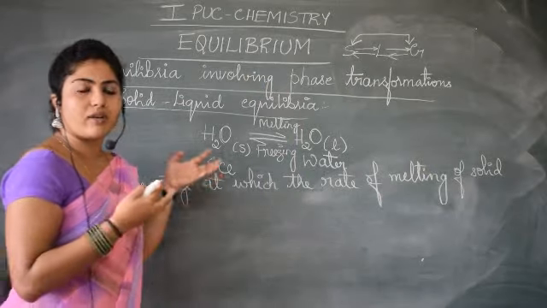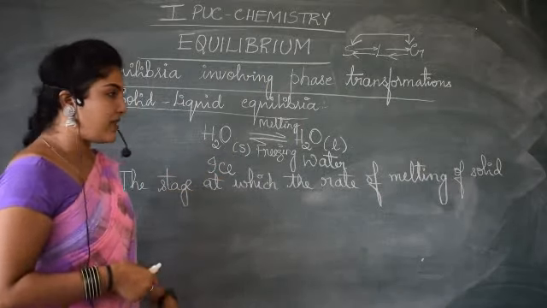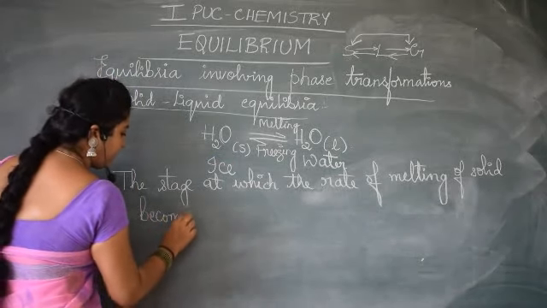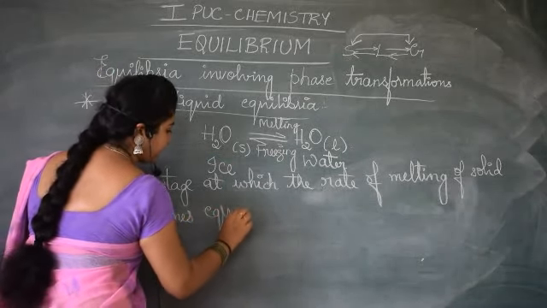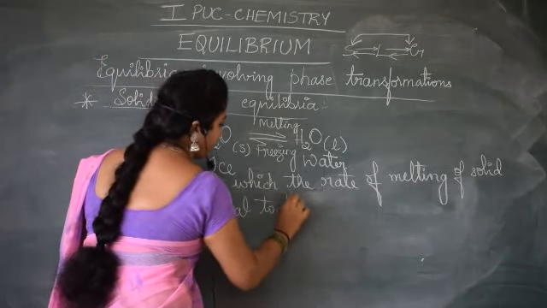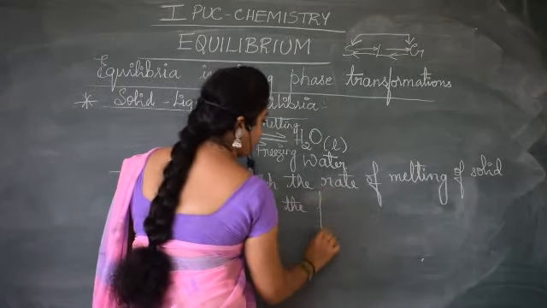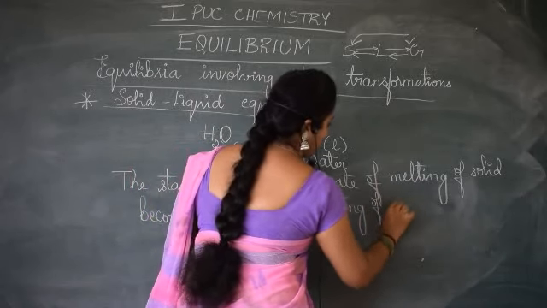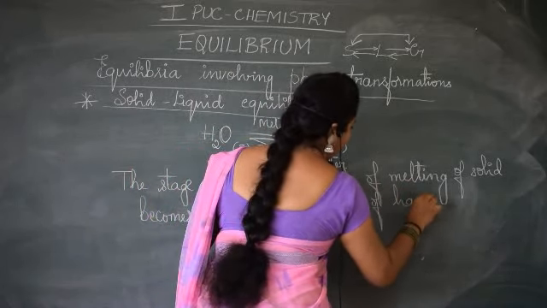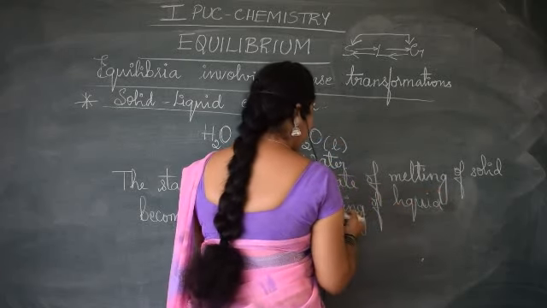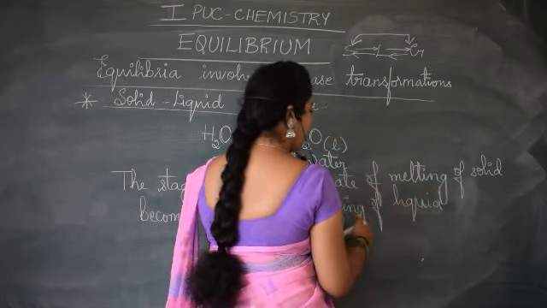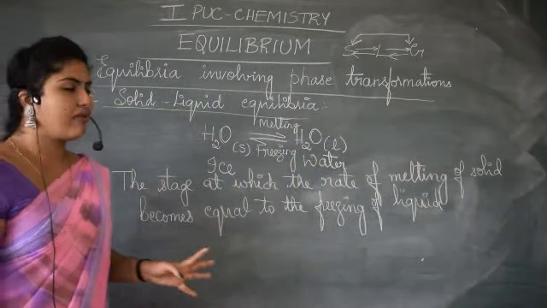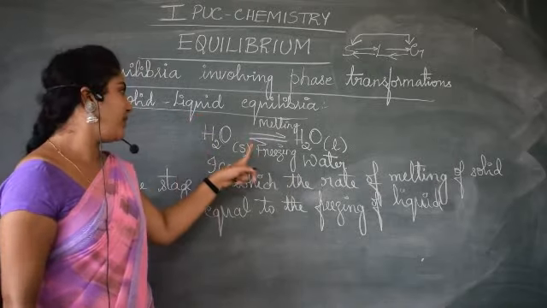In specific, if you are mentioning that example, you can explain it in terms of the example. Melting of solid becomes equal to the freezing of liquid is called solid liquid equilibria. This is how you will define solid liquid equilibria.